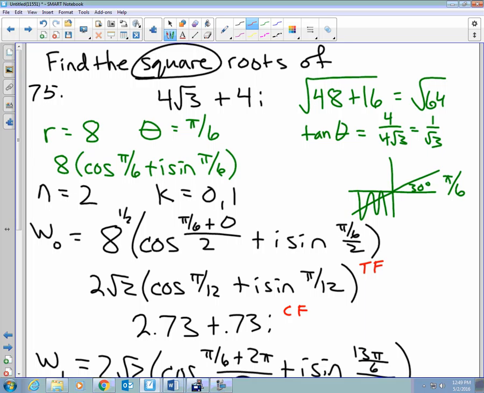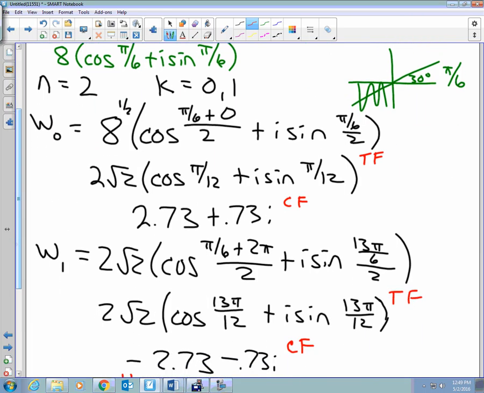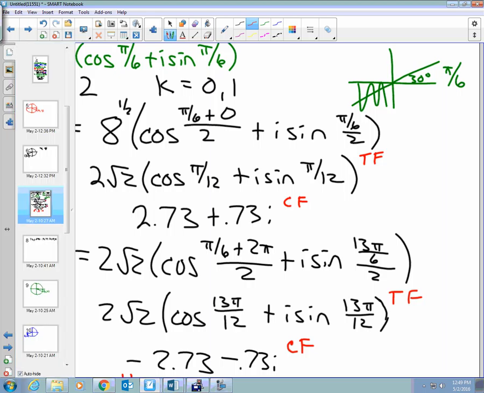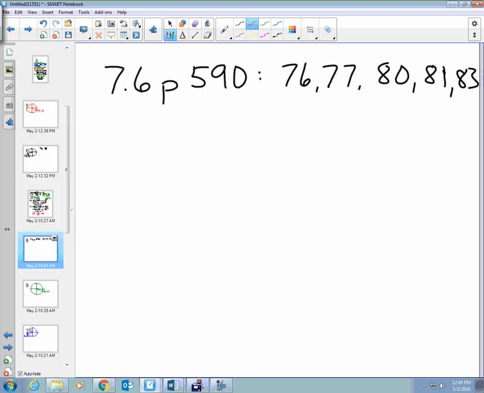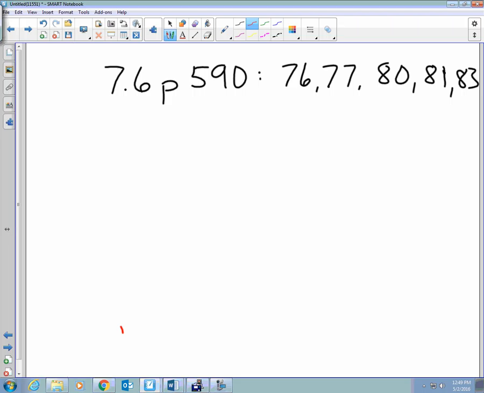N is 3 and k would be, yeah. So are you going to get 2.73 as a result? No, you're not, because this 2 is going to change to a 3. So you've got to make the changes, but I've saved you a little bit of time. Thank you, Mr. Gens. You're welcome very much, class. Okay, so here you go.